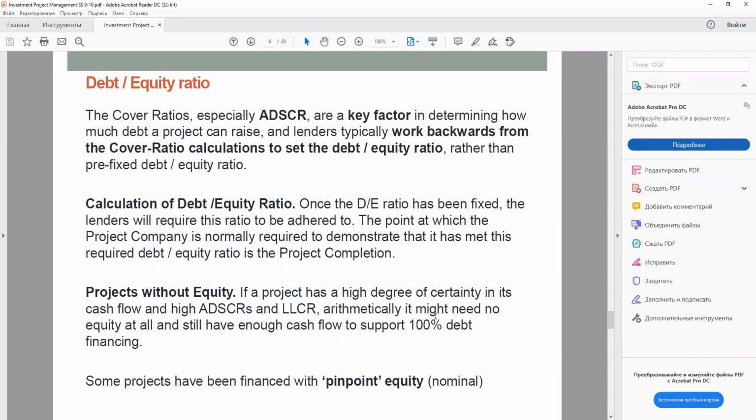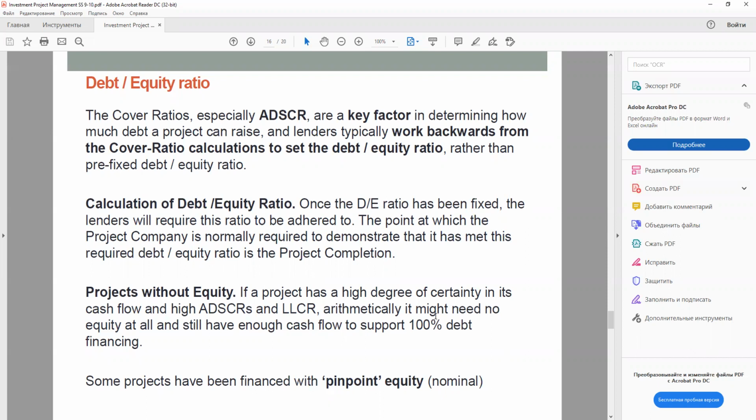The calculation is based on the cash injections of debt and equity, not whatever appears on the balance sheet. And if more than one currency is being used for funding, the calculation should be based on the exchange rate between these currencies at financial close.